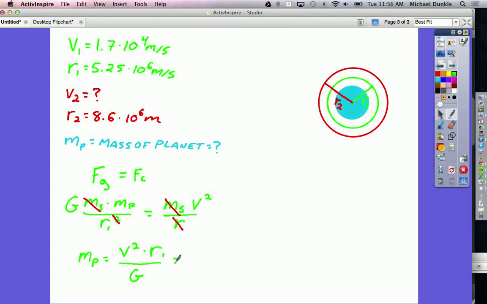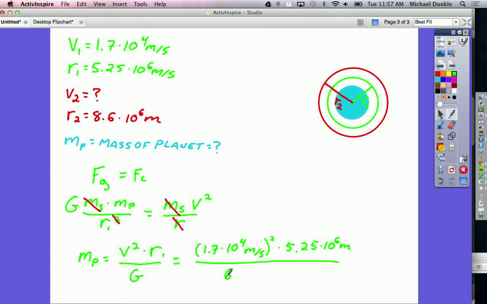From here we can plug in some numbers and solve. Our velocity is 1.7 times 10 to the 4th meters per second. And that radius is 5.25 times 10 to the 6th meters.